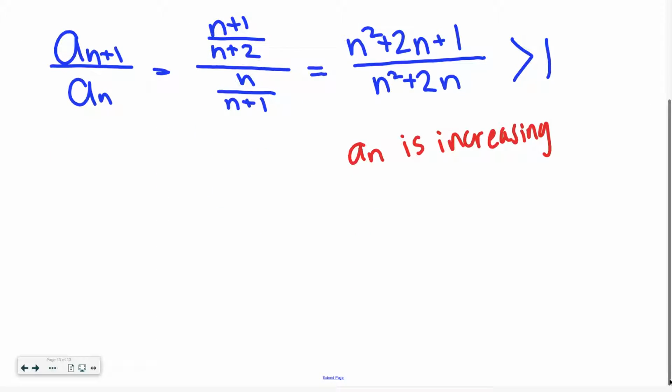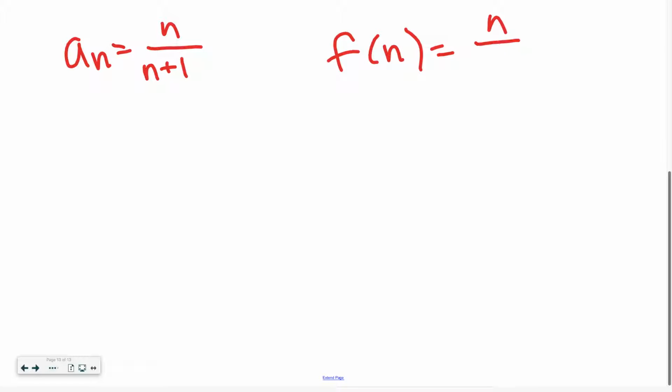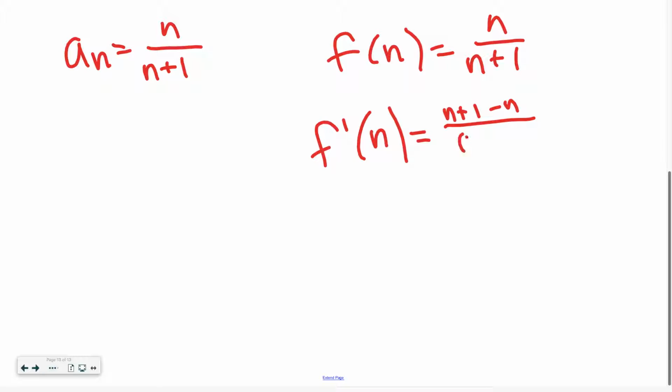Let's talk about the derivative test real quick. If we said that f of n is n over n plus 1, our derivative would be 1 over n plus 1 squared, which is always positive.